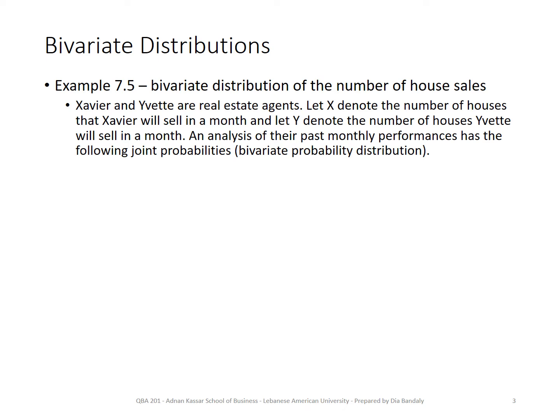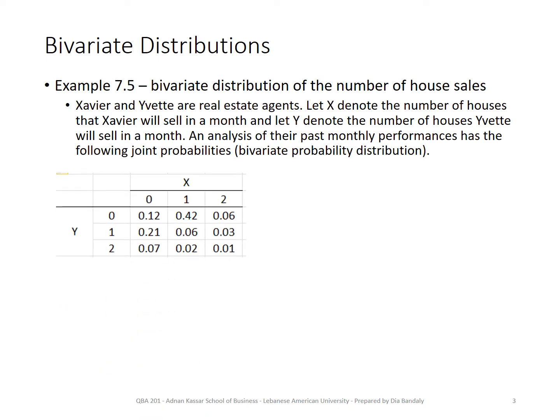All right, so here we're given that two agents, Xavier and Yvette, sell houses, and we collected data about the number of houses sold by each one of them. And then we combined them in one table, and we found also the probabilities of the combination of x and y, which looks like this.